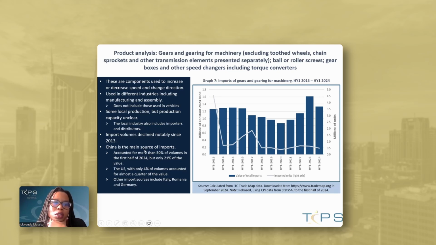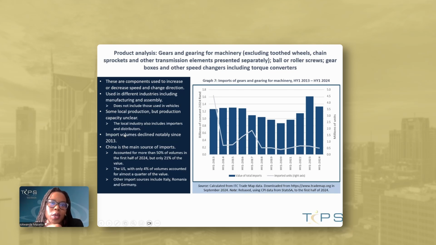And so this could really reflect one of two things: either imports from the US are generally expensive compared to imports that are coming in from China, hence the mismatch around the value and the volumes that are imported. Or it could just be that the kinds of gears that are imported from the different countries are different in terms of the use, but also different in terms of the size.